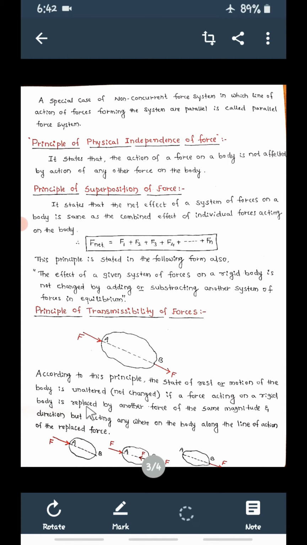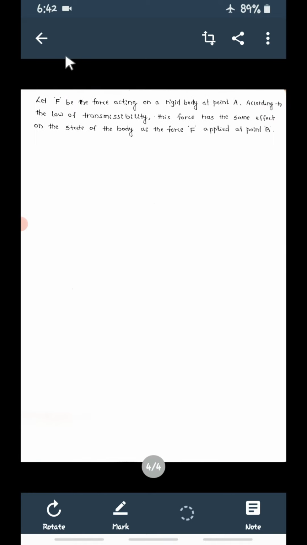So this is called as principle of transmissibility of forces. Okay, now see here, let F be the force acting on a rigid body at point A. According to the law of transmissibility, this force has the same effect on the state of the body as the force F applied at B.